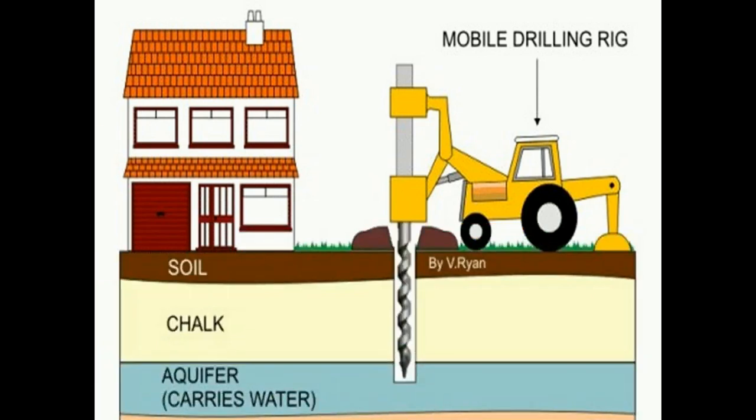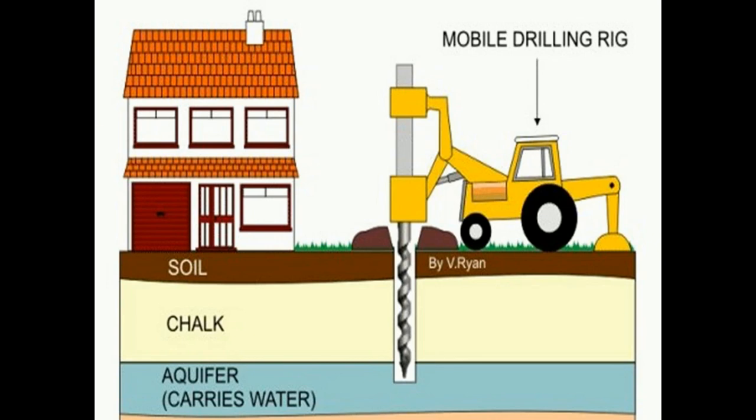There is one mechanical instrument which we are using for the boring, and this instrument is called the mobile drilling rig. By boring into the earth, we can collect samples from under the earth and test them for future construction.